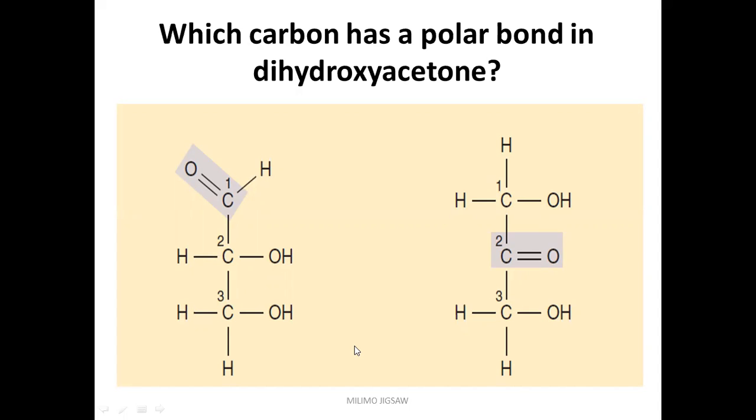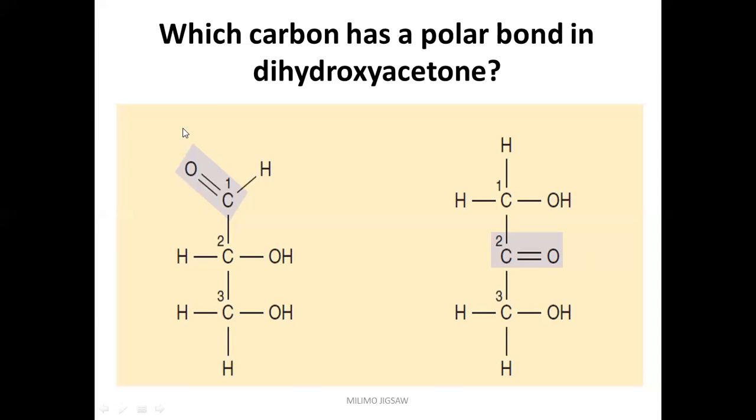Okay, which one? The one with the carbonyl group at 1 or the carbonyl group at 2? This one or this one? The one with the carbonyl group at 1.